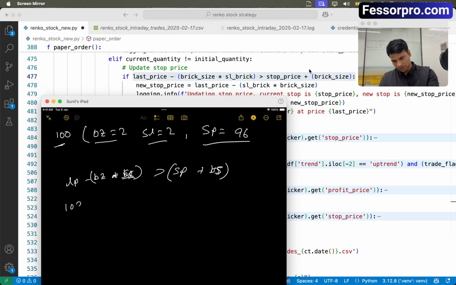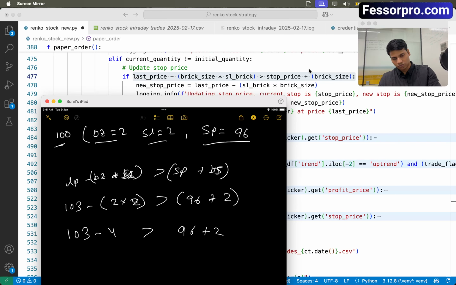So 103 minus 2 into 2 should be greater than the stop price 96 plus brick size, which is 2. So 103 minus 4 should be greater than 96 plus 2. 103 minus 4 is 99, which should be greater than 98. So 99 is greater than 98.